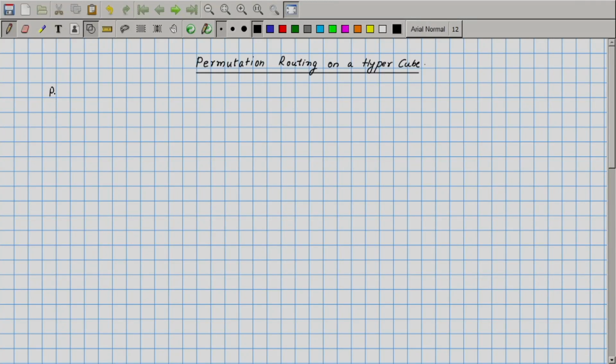In this lecture, we will learn about permutation routing on a hypercube. So, let us understand what is the problem. This kind of question arises when you are looking at parallel architectures.